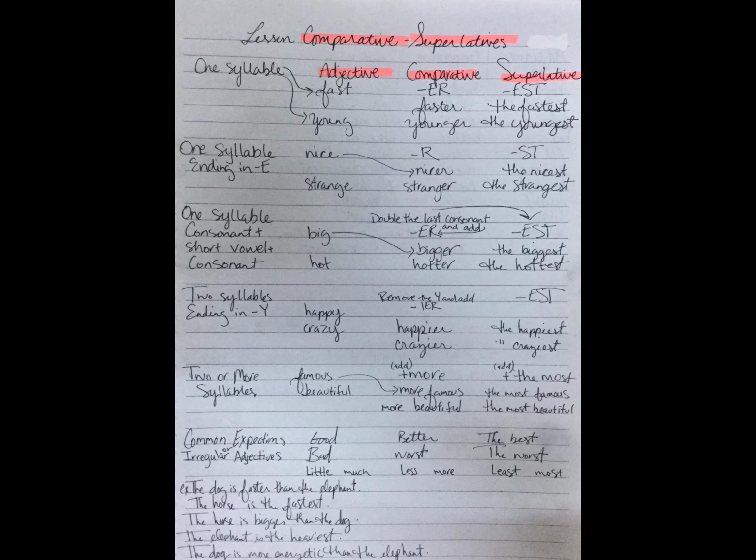The horse is bigger than the dog. Just some comparative examples. We already went through this just to refresh your memory. Take a good look at this. It's pretty easy. Just make sure for the one syllable we add ER and then EST. And then for the one syllable ending in E, we just add an R, and so on.